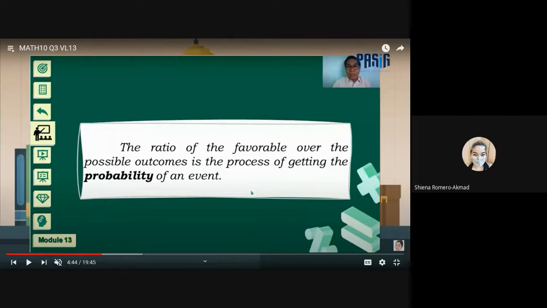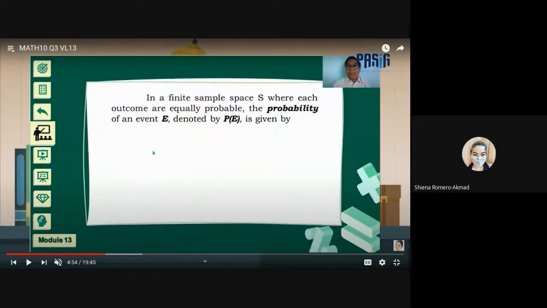0 being the representation for the event that will surely not happen, and 1 being the representation for an event that will surely happen. Okay? So paano natin yan na-represent? We are representing that using fractions, where you are representing the ratio of the favorable over the possible outcomes. So tingnan natin ha. We have here sample space S, where each outcome are equally probable.